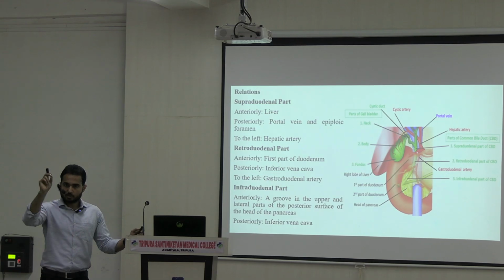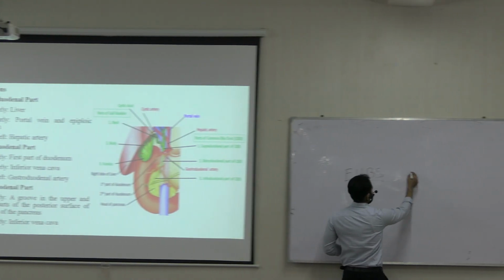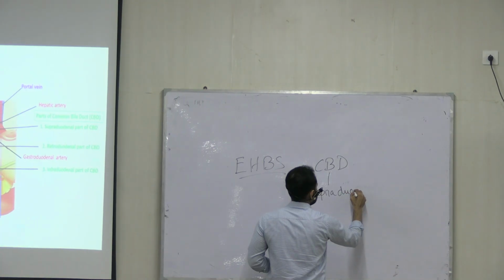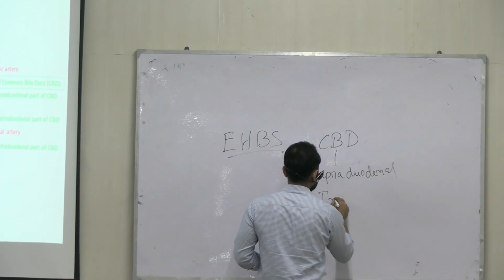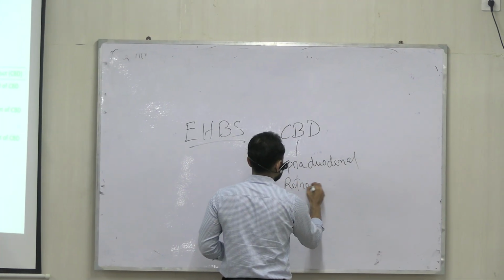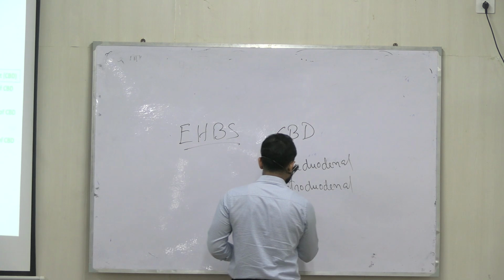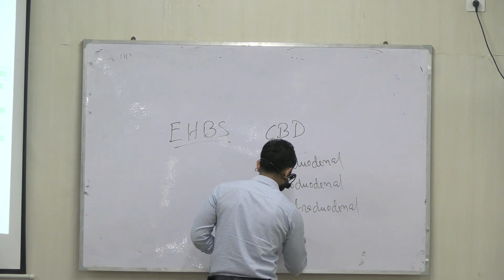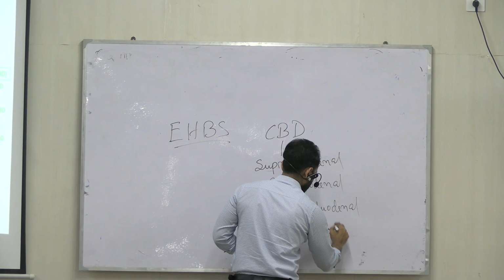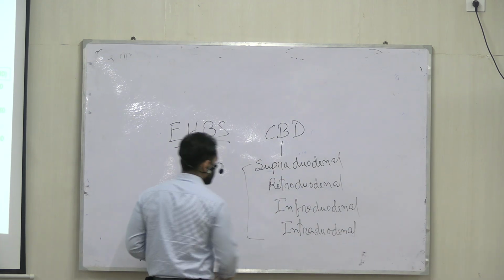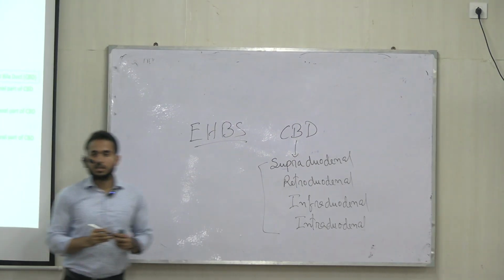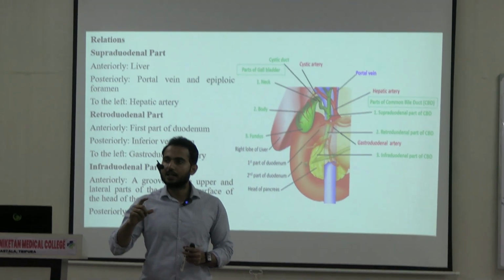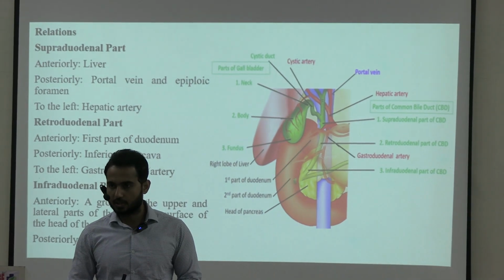Next, the common bile duct from the formation to the termination is divided into 4 parts, and those parts are related to the duodenum. Why? Because ultimately it is draining into the duodenum. So, what are the parts?